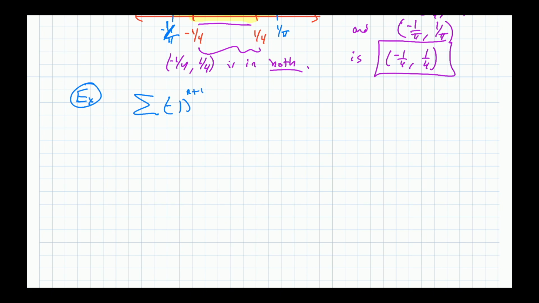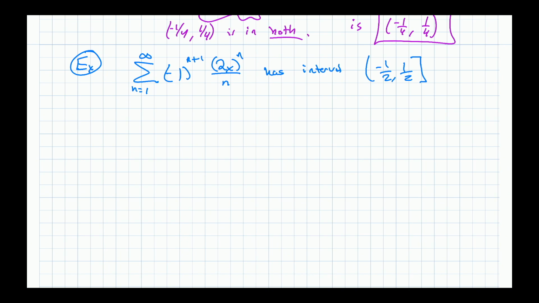Because they're giving you complicated looking series now. So the sum of (-1)^(n+1) (2x)^n over n, starting at 1, has interval -1/2 up to +1/2 with square brackets. I've got another one, the sum of 7x to the n, also from 1 to infinity.